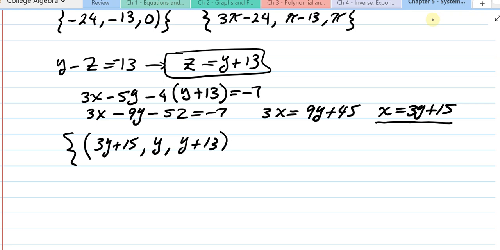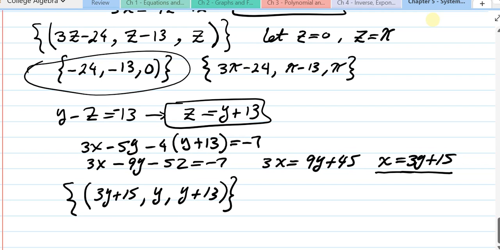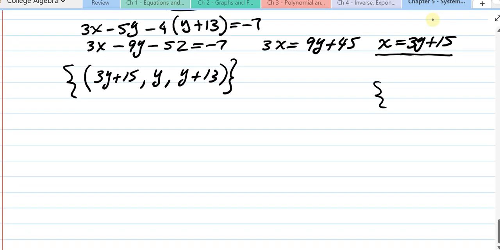You see that we get what we call a different parametrization of the solution set. And remember we had a solution here: negative 24, negative 13, 0. Let's see if we can generate that solution. Let me write the solution that I had. Let's see if we can come up with that solution again. This is when y is negative 13, right? So I'm going to let y be negative 13.